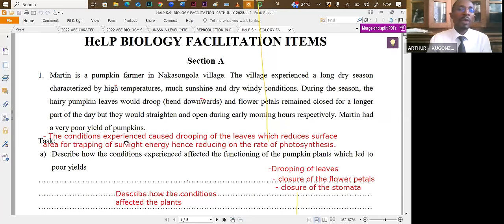Maybe if you want to say that the high temperatures, much sunshine, dry winter conditions cause the drooping of the leaves, if you want to do it like that, it is also okay. But I hear he said the conditions experienced cause the drooping, and they affect them in the same way.